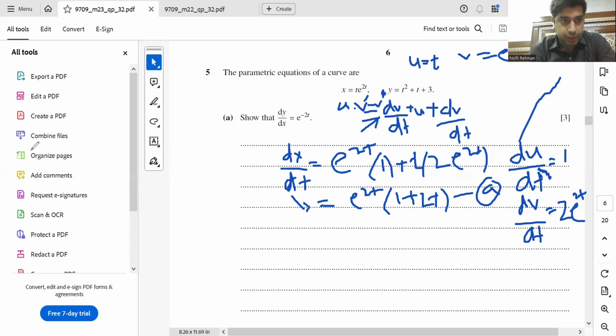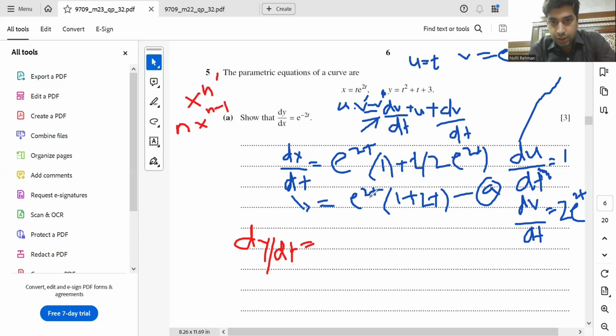Now we will find dy by dt. This is simple differentiation of a polynomial. The derivative of x raised to the power n is n into x to the n minus 1.